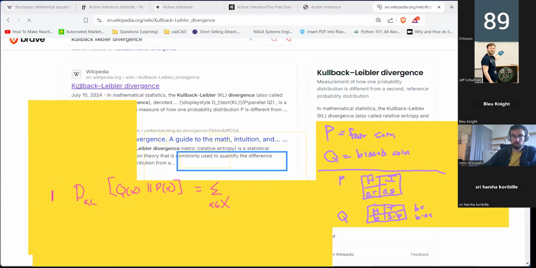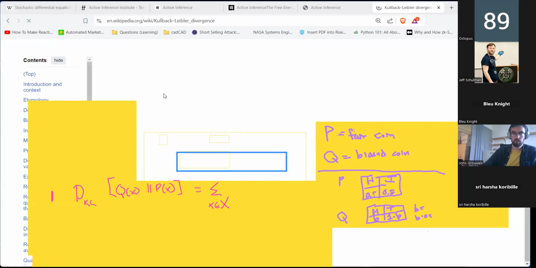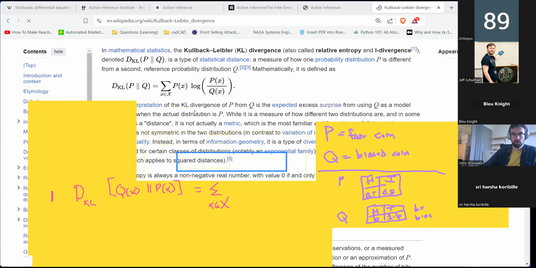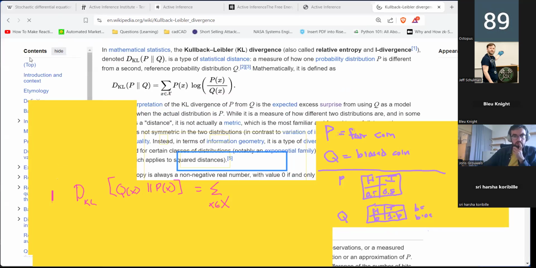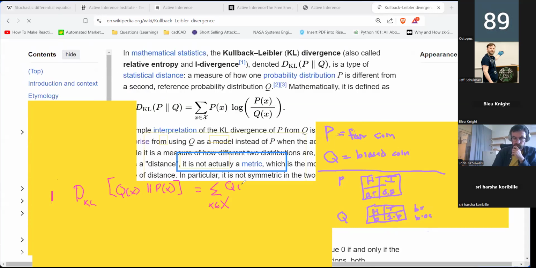One thing that's fun is the way the Q and the P in the book are reversed from the Q and the P in the formula, so I have to make that mental switch. So this is going to be the sum over x of Q of x times the log of Q of x over P of x.